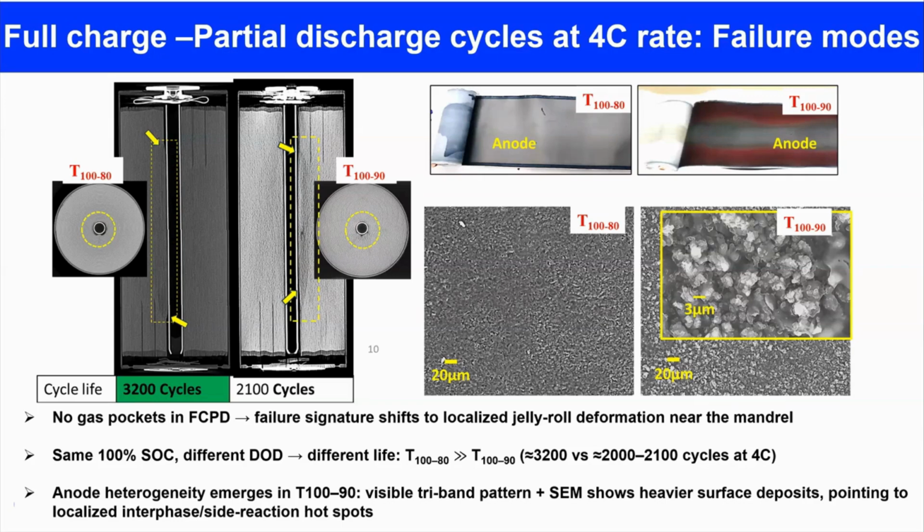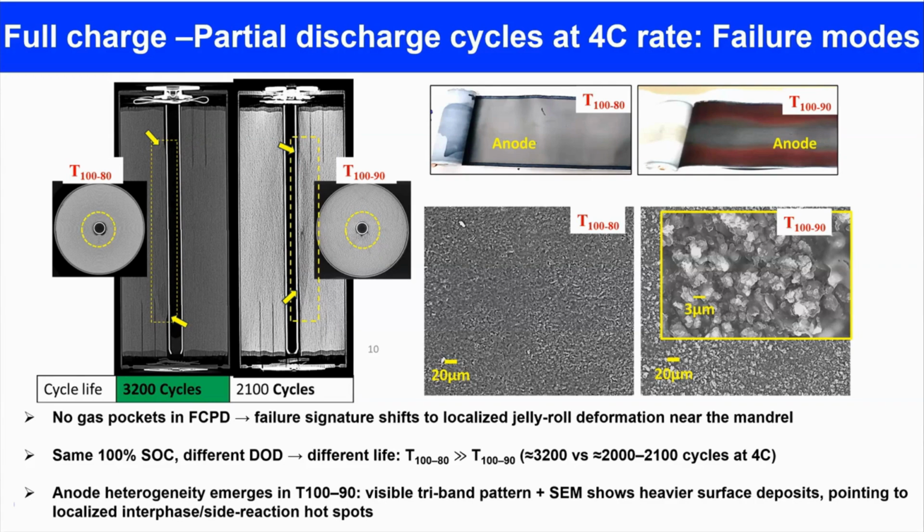In the case of 80 DOD, we haven't seen any lithium plating or lithium deposition, or even charge gradient formation. So this is one real aging mechanism which was not addressed before, and we can see how DOD impacts the anode side and the formation of charge gradients.